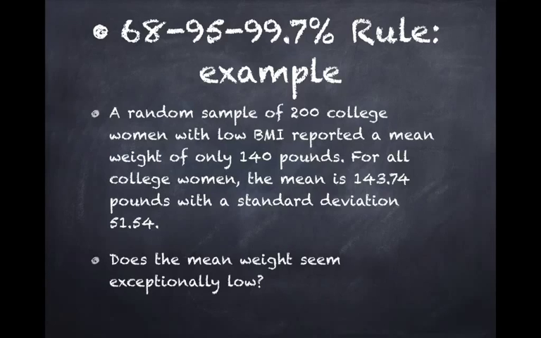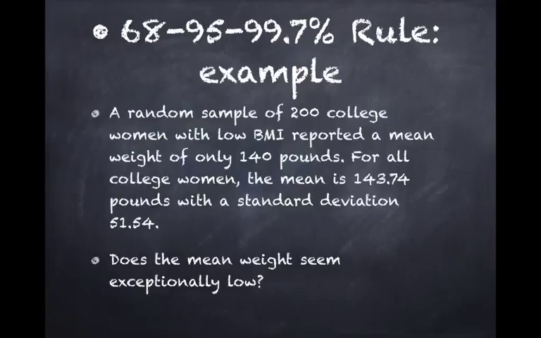And so we want to think about, does the mean weight seem very low? We can use the 68, 95, 99.7 rule to see, is this mean weight particularly unusually low for this type of data right here.